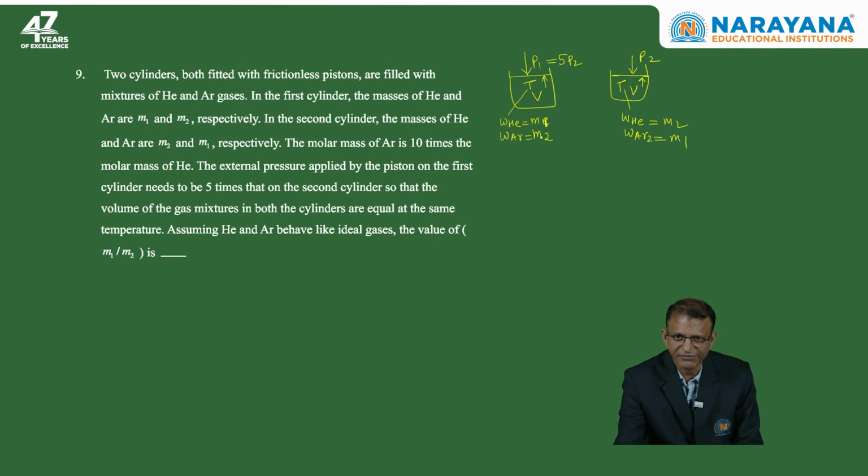So from here, if I try to write PV is equal to nRT, because volume and temperature are constant, we can write that pressure is directly proportional to the number of moles.